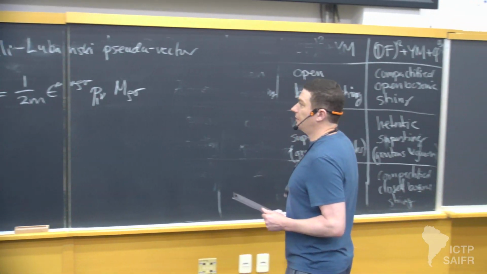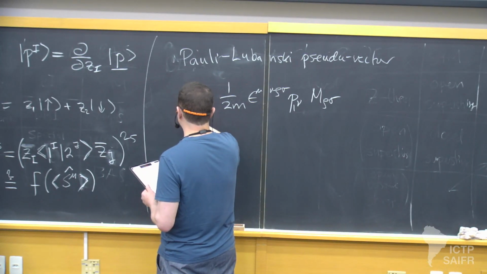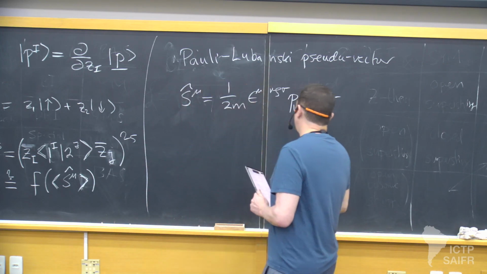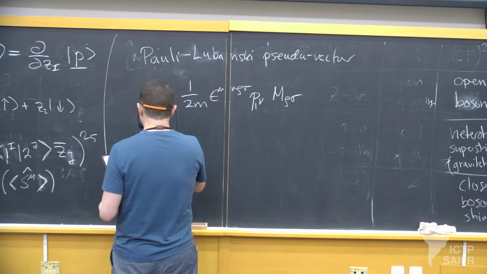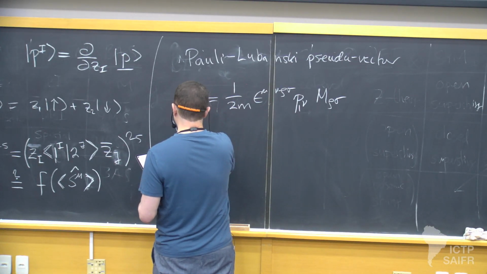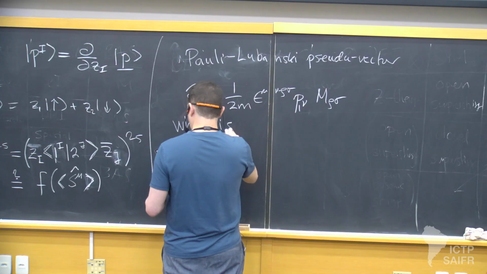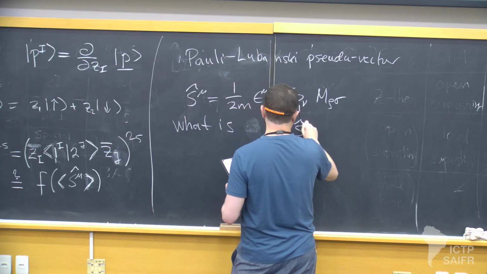So particle 1 is the one we associate this with. So this is actually the spin operator that we want to act on particle 1. Okay, and so the question is, what is the expectation value of this object?